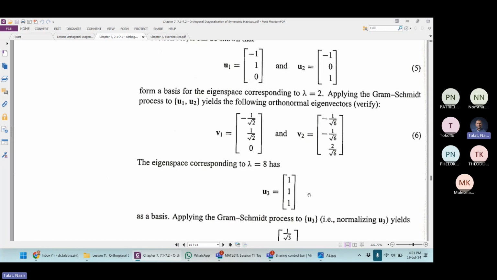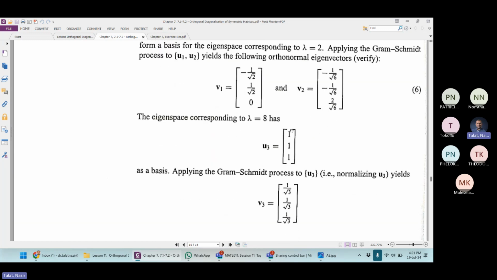You can check it. But when vectors come from the same eigenvalue, they will not be perpendicular, so we need to apply the Gram-Schmidt process to orthonormalize them. Here u3 is orthogonal to u1 and u2, but it's not orthonormal. How do we make it normal?